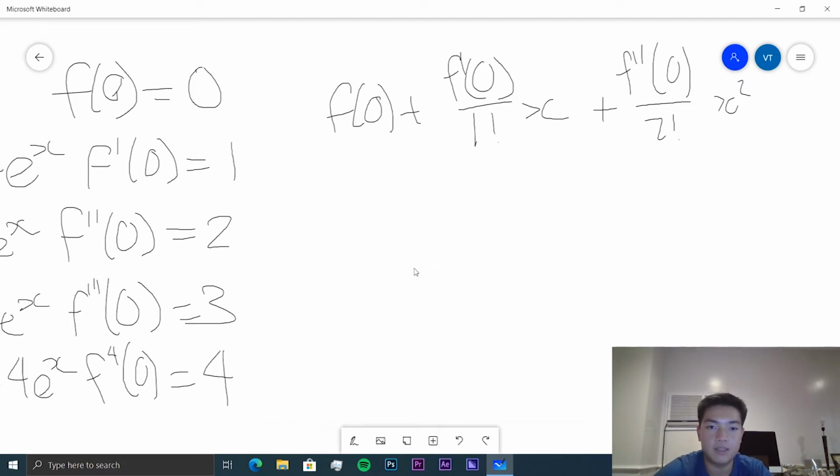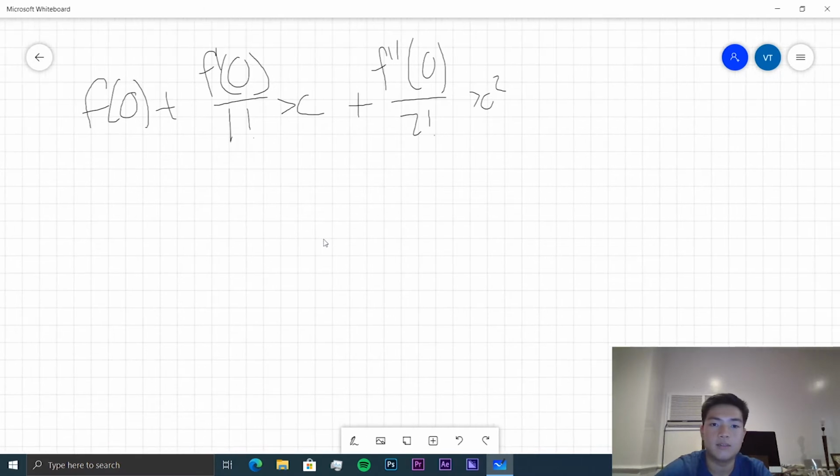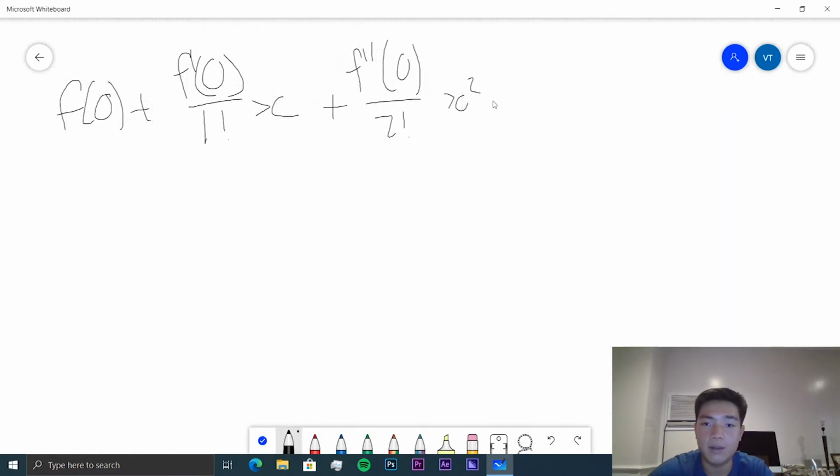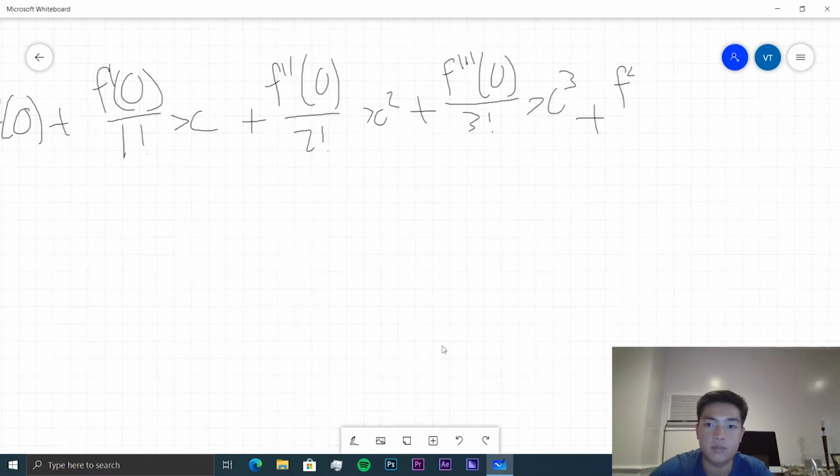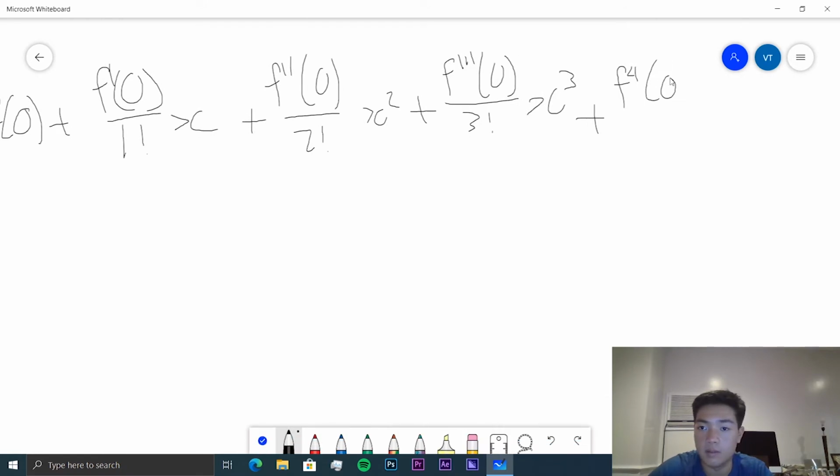Let's just write out this full expansion. Okay, f of 0, f prime, f double prime, plus f triple prime of 0 over 3 factorial, x cubed, finally plus f to the 4 of 0 over 4 factorial times x to the 4.